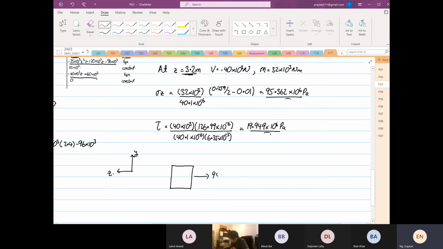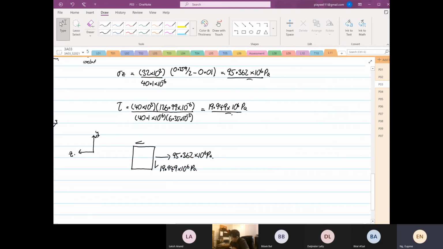We know that there is one as 95.362 times 10 to the power 6 Pascal, and we know that there's a shear. Again, it does not matter whether it is positive or negative shear. Here I just draw negative shear. So this is 19.949 times 10 to the power 6 Pascal.